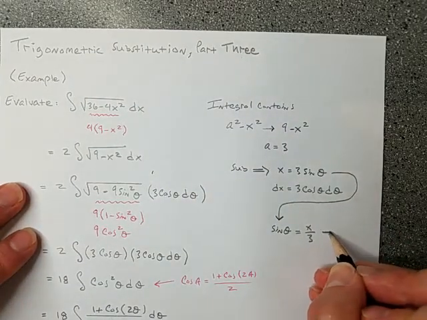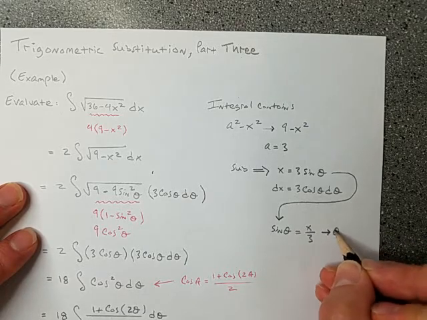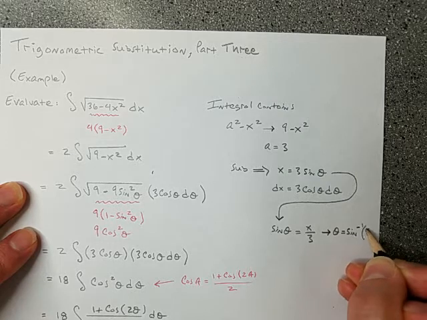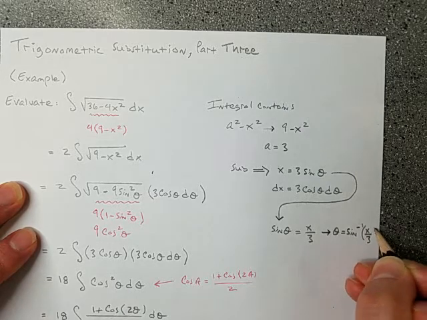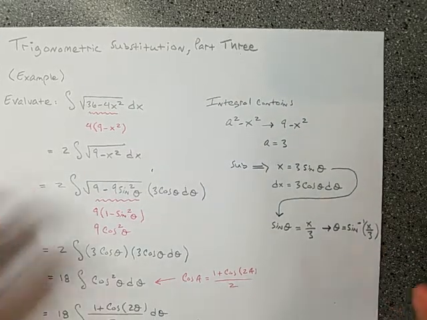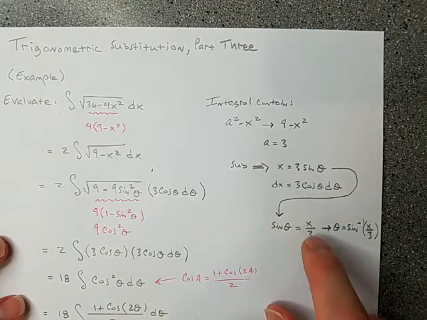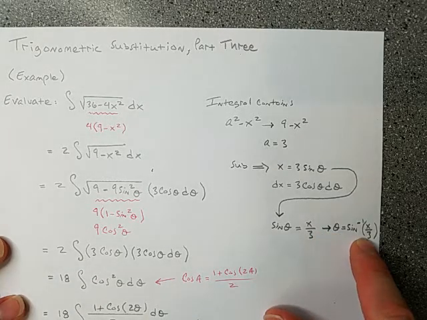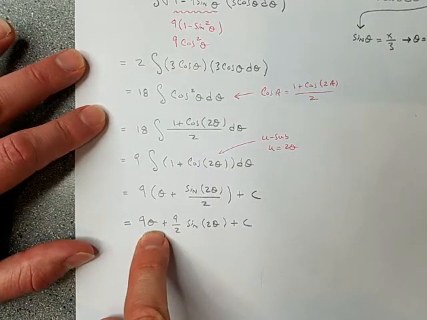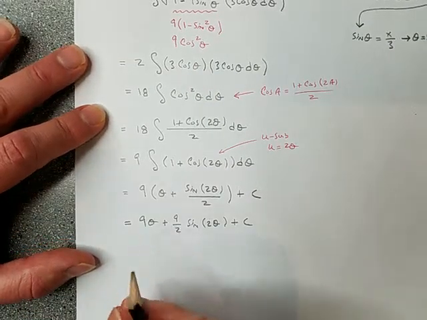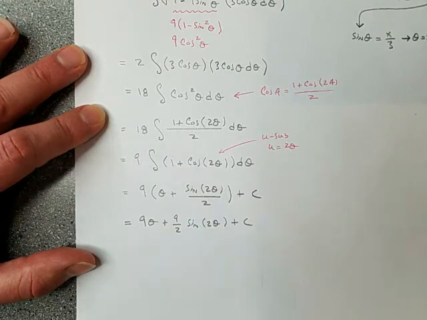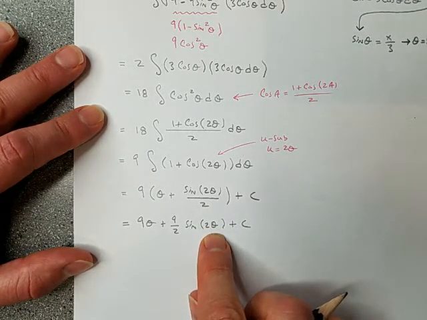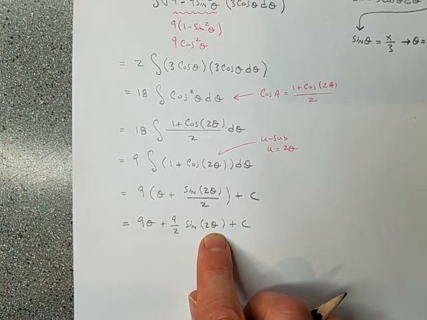And I can say that theta is inverse sine x over 3. Right? That's all allowed. This tells you what theta is directly in terms of x. That goes right there. But what about this part, sine 2 theta? We'll need to draw a triangle for that part.